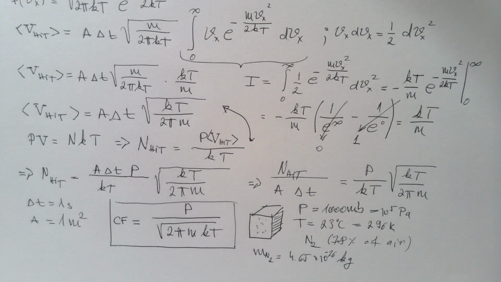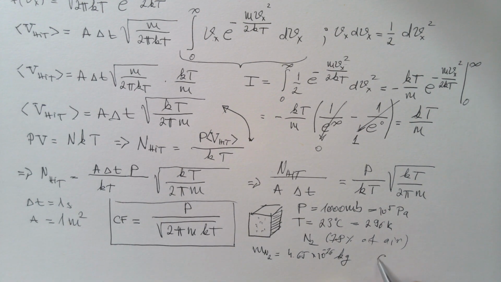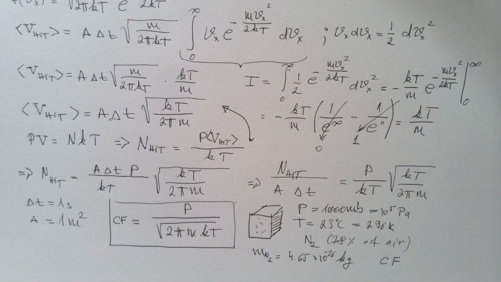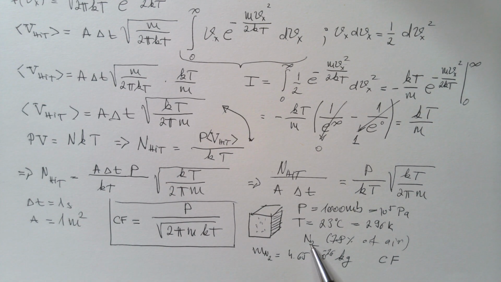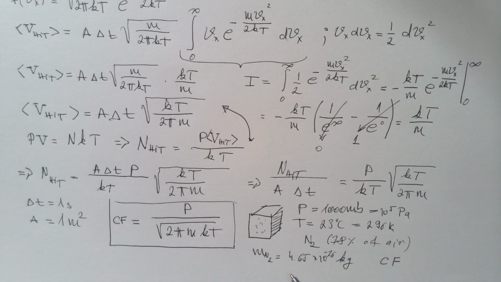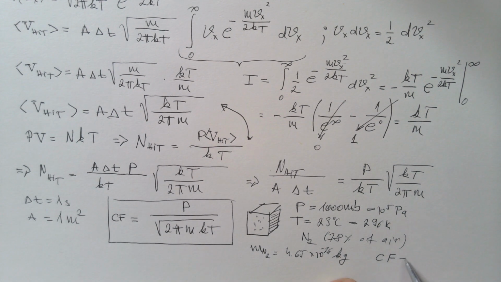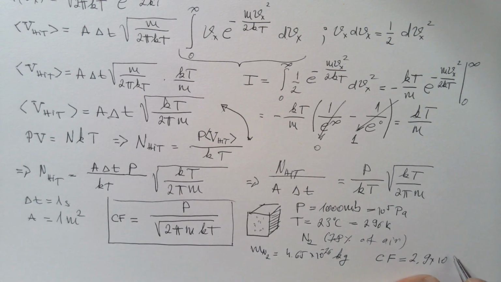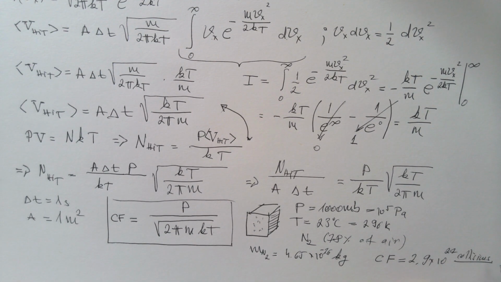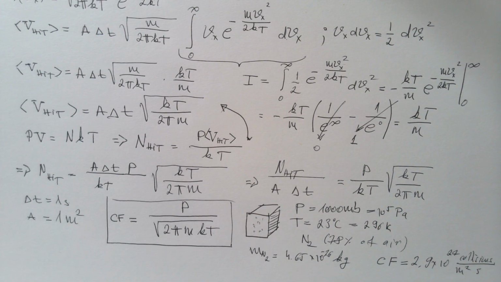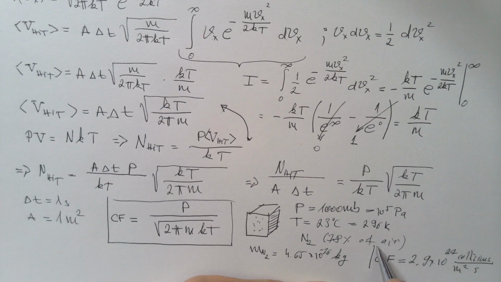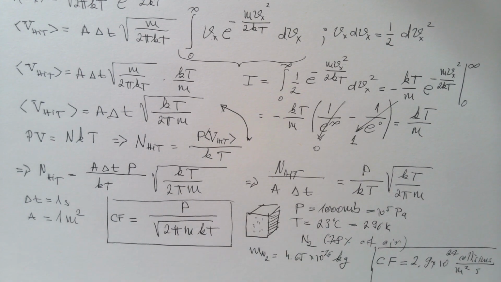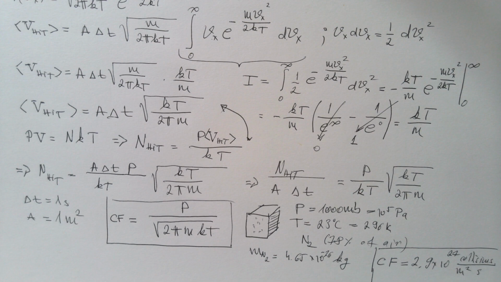If you carry out this calculation, you will get that the collision frequency between nitrogen atoms in your room and 1 square meter of your room in 1 second is equal to 2.9 times 10 to the power 27 collisions per square meter and per second. Now, if this is not a breathtaking result, then I don't know what could be.